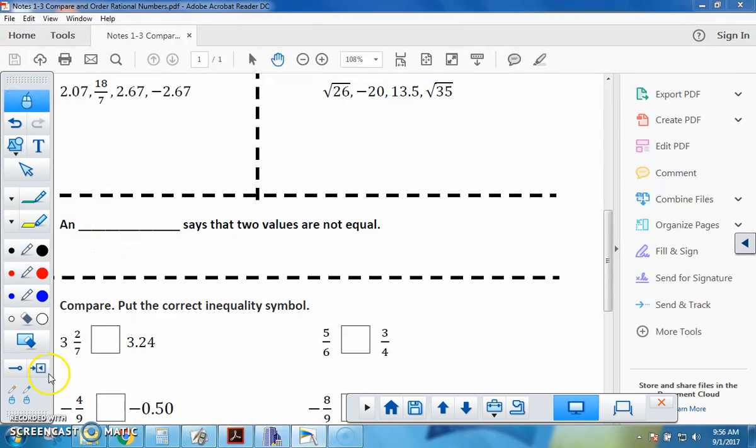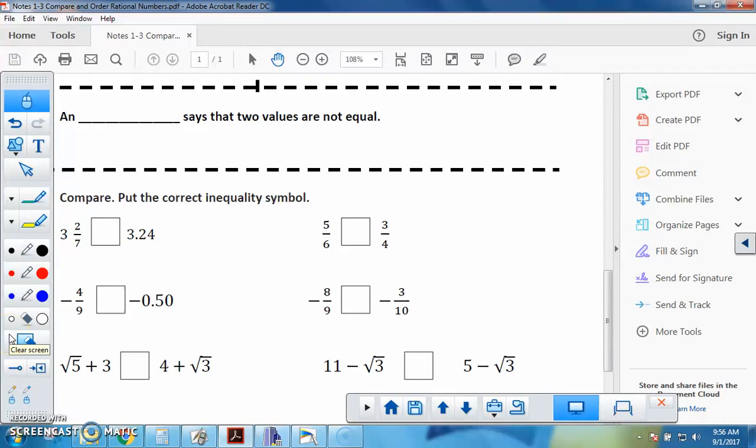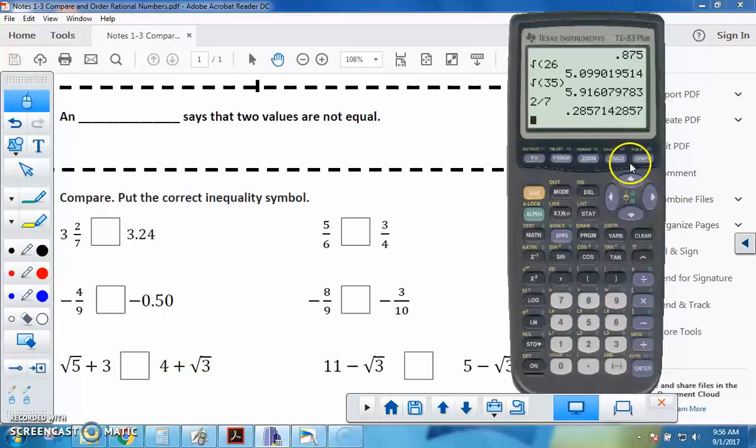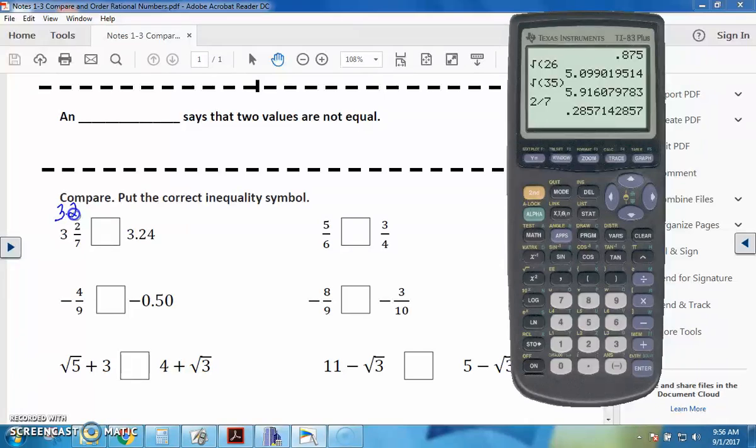So, if we take a look at the first problem here, we have 3 2/7, and then we have 3.24. So, one's already a decimal, so you don't really have to do anything. So, if we take a look at the 2/7, all we're going to do is just go 2 divided by 7, and that's going to give us 29 hundredths. So instead of 3 2/7, I'm going to put 3 and 29 hundredths.